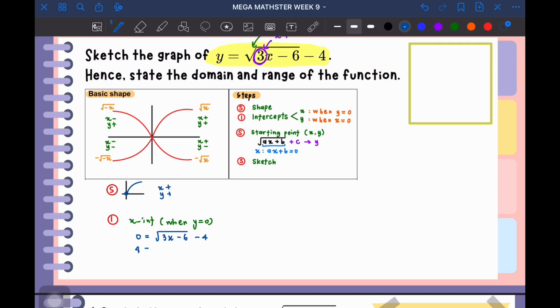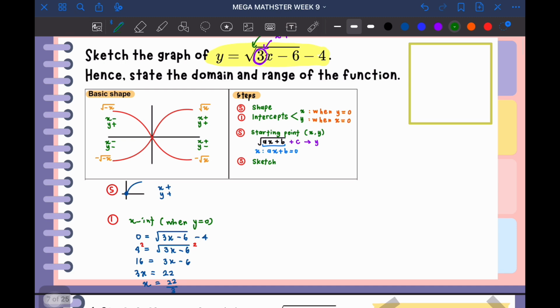So we have 4 is equal to square root of 3x minus 6. Okay, and then to eliminate the square root, I will square both sides. So we have 16 is equal to 3x minus 6. And then just rearrange, so you will have 3x is equal to 22, and then x is equal to 22 over 3. Settle.